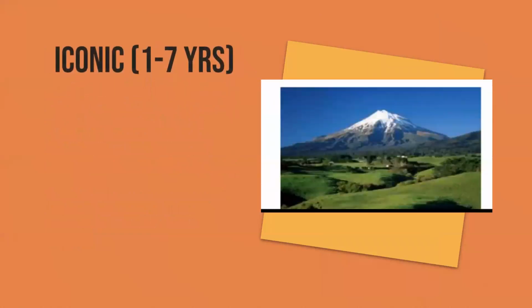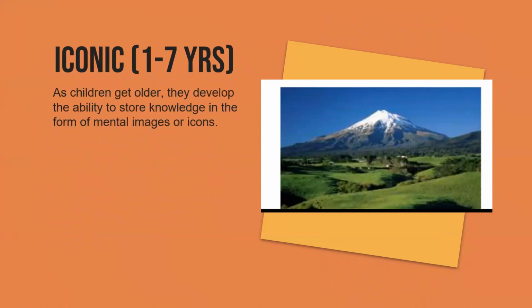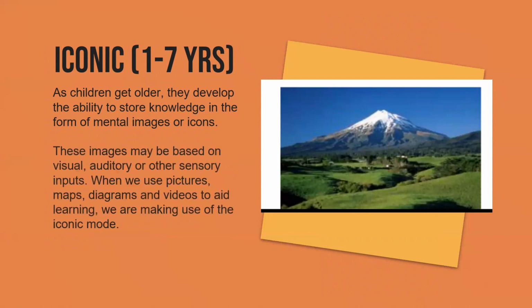So next one we have is iconic, image-based, from 1 to 7 years of age. As children get older, they develop the ability to store knowledge in the form of mental images or icons. These images may be visual, nakikita, naririnig, or other sensory inputs, possibly nahawakan through textures.